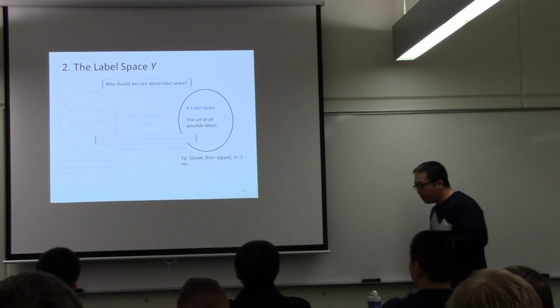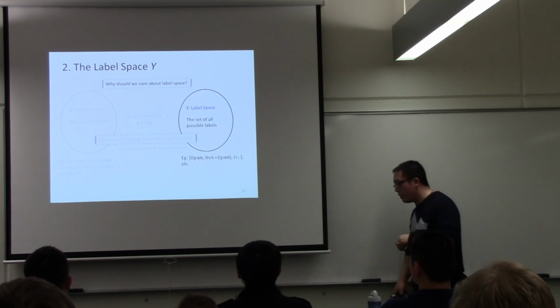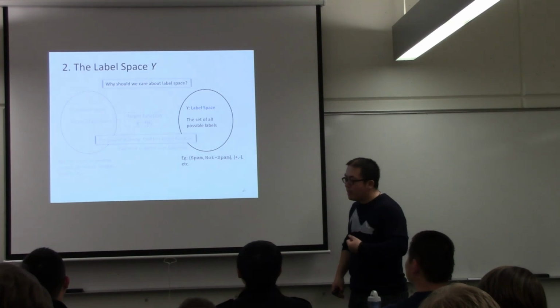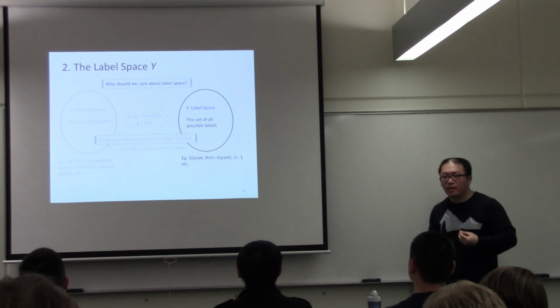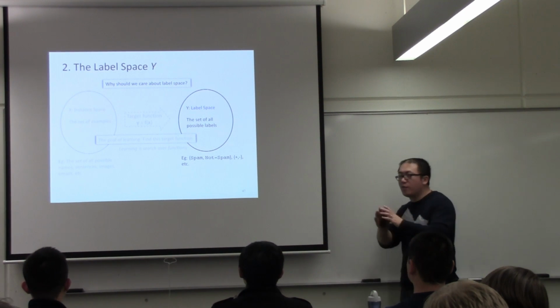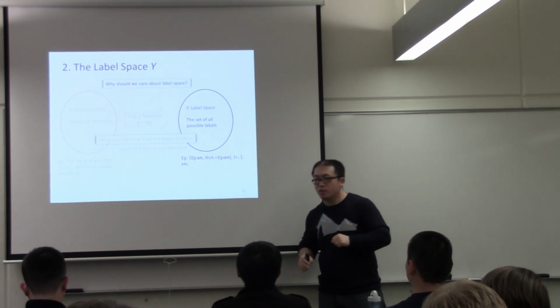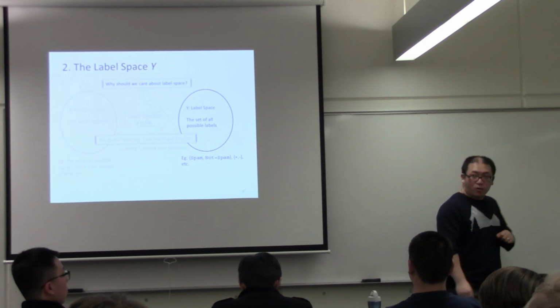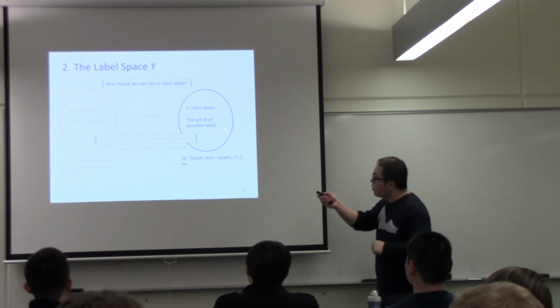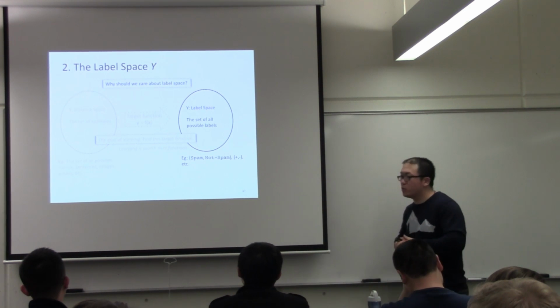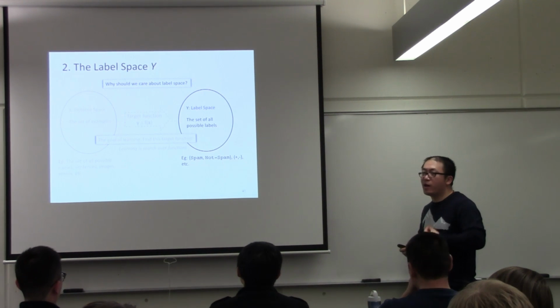The second thing is that different label spaces correspond to different types of supervised learning tasks, and each type of task has a set of specially designed learning algorithms. So being careful about the label space is important for choosing the appropriate learning algorithms.